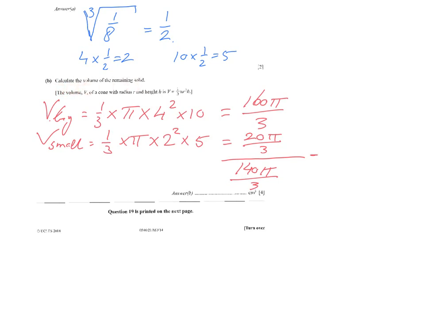So 140 times pi divided by 3 equals. Then my calculator says 146.607657. So to 3 significant figures, that will be 147 centimeter cube. There you go.